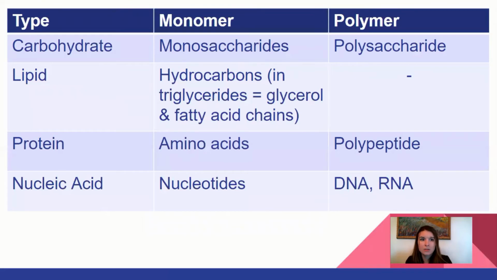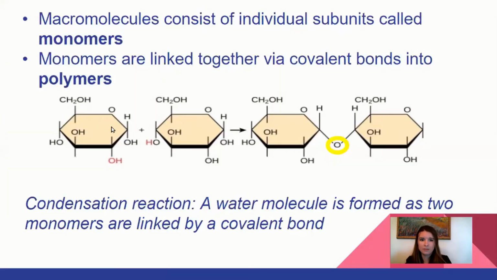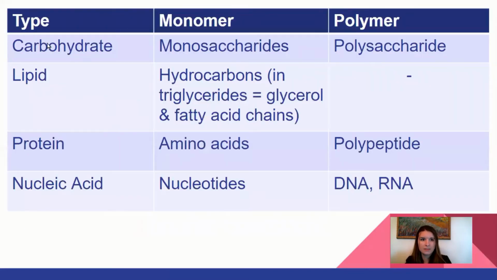Okay, so just as a study tool here, I've provided you a list of the four types of macromolecule that we have and the monomers we'll expect to see within each of them. When we're talking about carbohydrates, as we are in this lecture, our monomers are called monosaccharides.